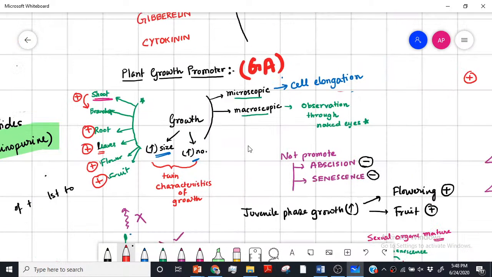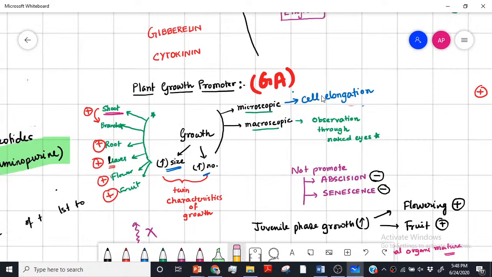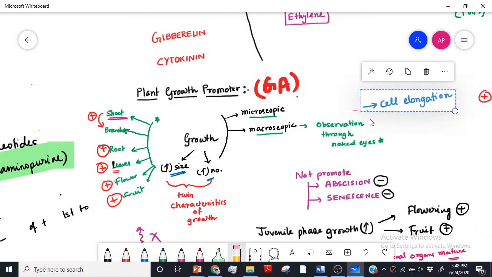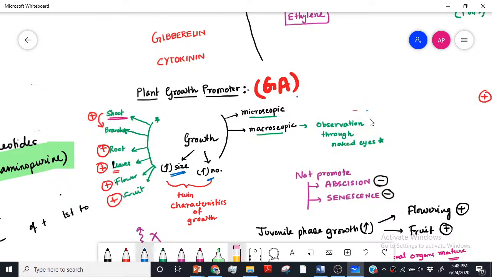Now if we come to the microscopic discussion, the name is cytokinin. That means it is promoting. Okay, so first of all, in a plant, see on the top left corner, this is the shoot apex, which promotes shoot elongation. And there are some growing shoot buds from which branches grow.